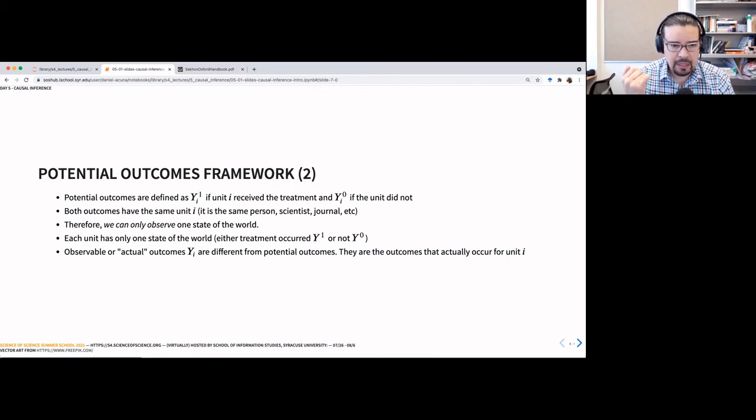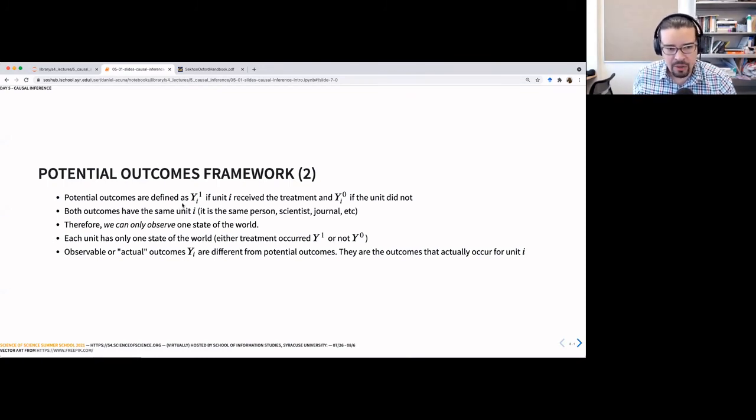So the potential outcomes framework says that depending on the treatment, whether to do surgery or not, we will measure something as a result of that. We'll try to measure the experimental effect of the surgery on the outcome for that patient.